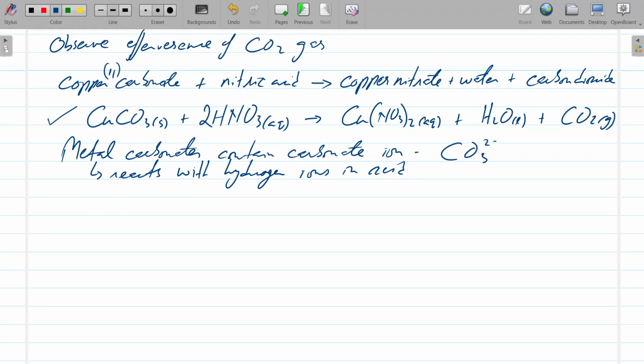So we've got an ionic equation over here. You've got carbonate ions plus hydrogen ions that will give you water and carbon dioxide.